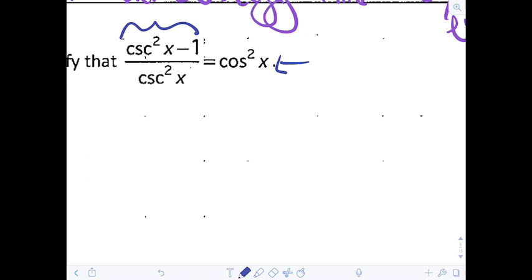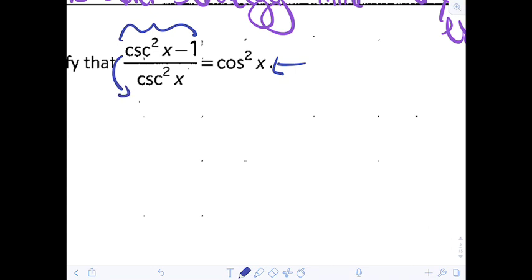If you are not looking at those identities, you should be flipping back. The cosecant squared of theta minus 1 is equal to the cotangent squared of theta. So I'm going to start by substituting cotangent squared of x for cosecant squared x minus 1, and that is over cosecant squared x.